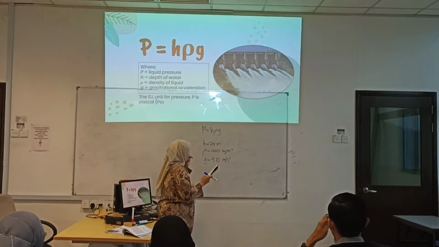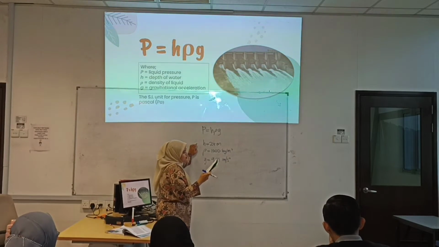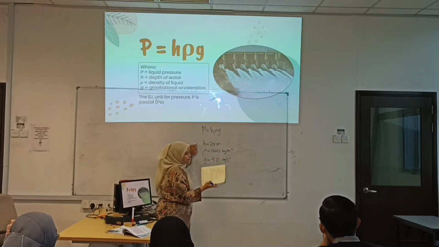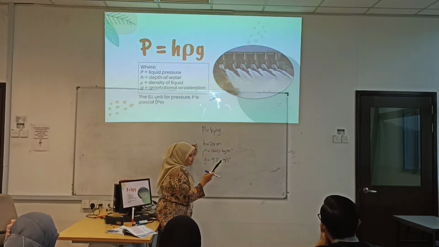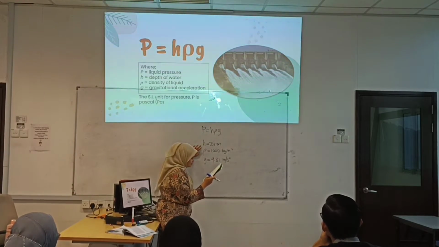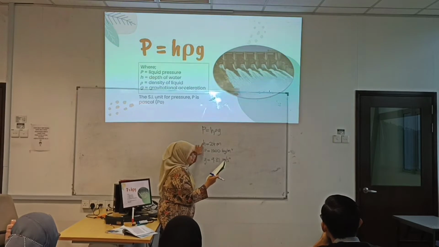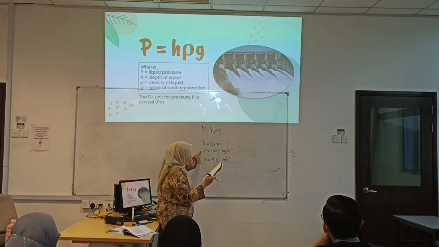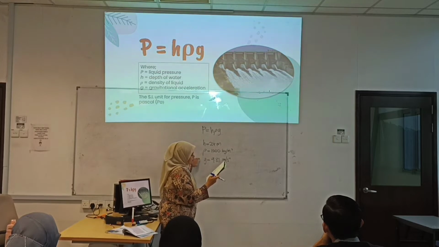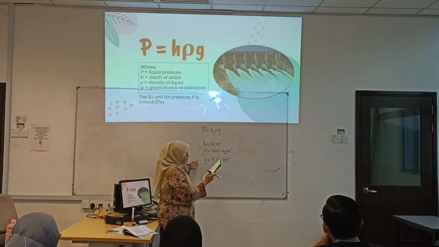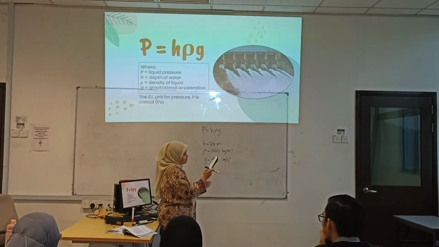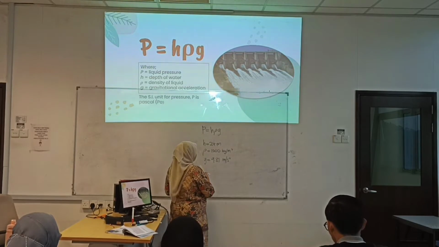Okay, let's say you need to find out the water pressure at the depth of 24 meter in the lake, with density of water in the lake 1000 kg per meter cube, and gravitational acceleration of 9.81 meter per second squared.